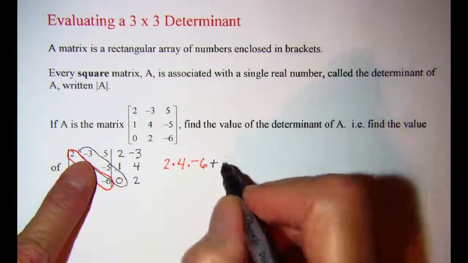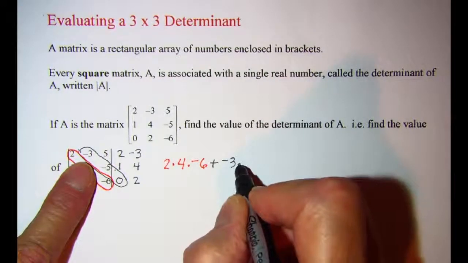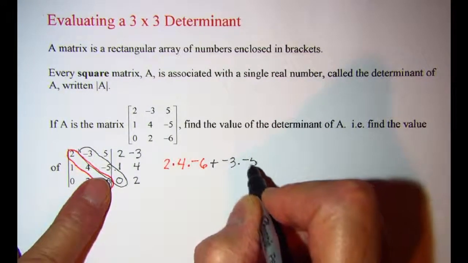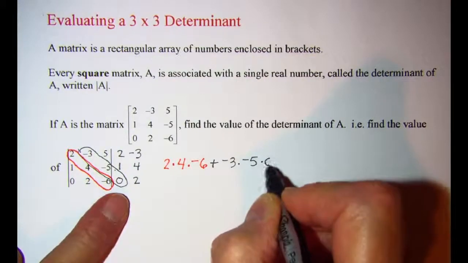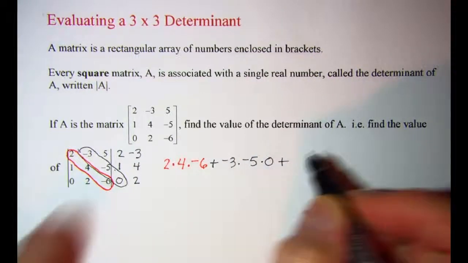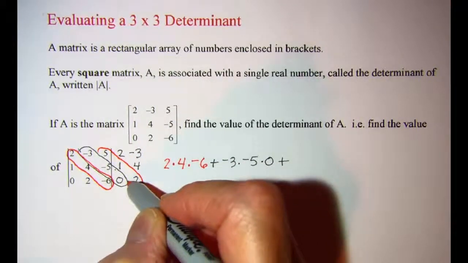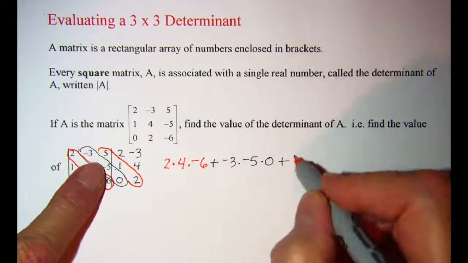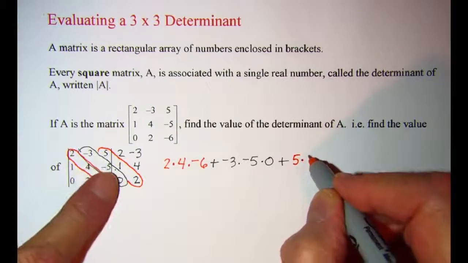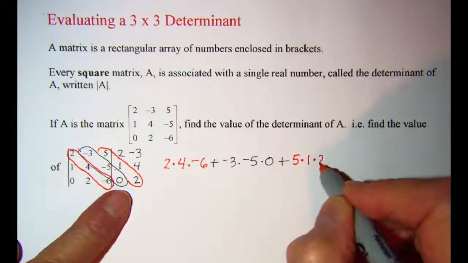So I have -3 times -5 times 0, and then add to that the product of the numbers on this diagonal. So 5 times 1 times 2.